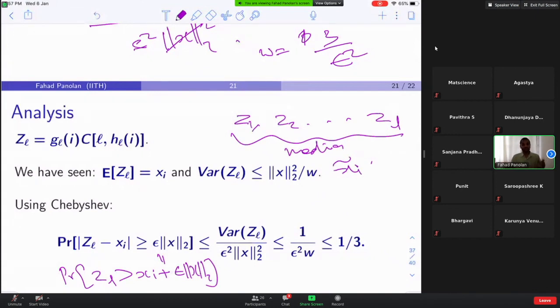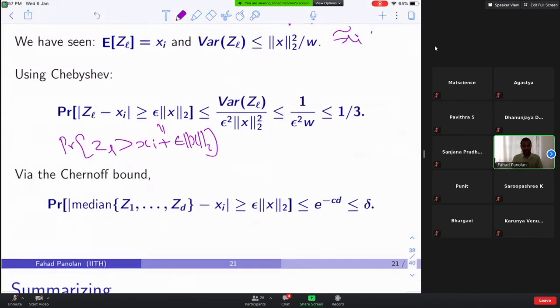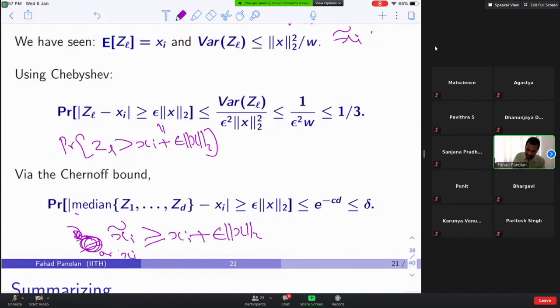Okay. Now what do you do? You do the median trick. That is the Chernoff bound. The median trick says this probability that Xi tilde is greater than or equal to Xi plus epsilon times ||X||_2, or, since it is a mode value here, Xi tilde less than or equal to Xi minus epsilon times ||X||_2. Why?